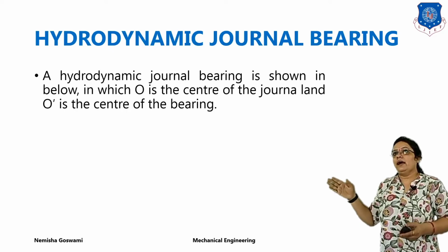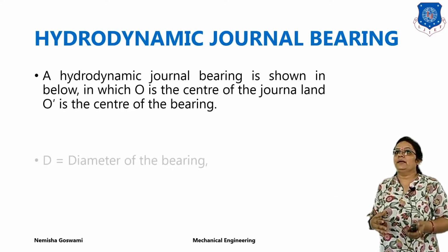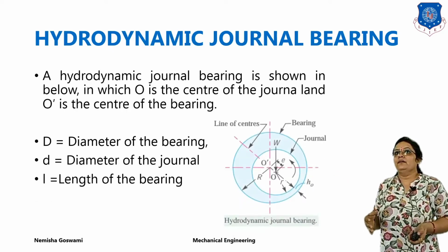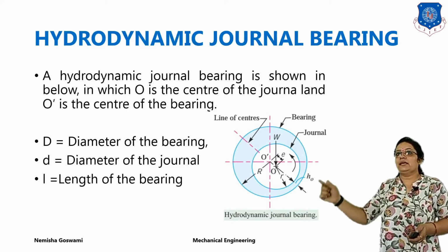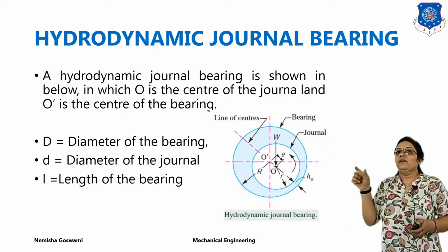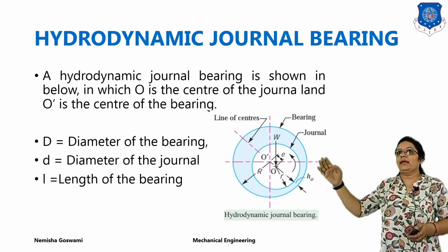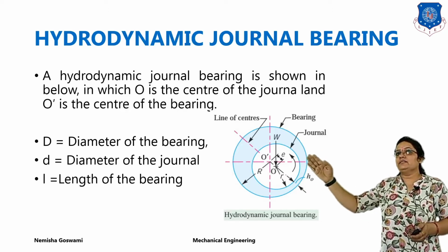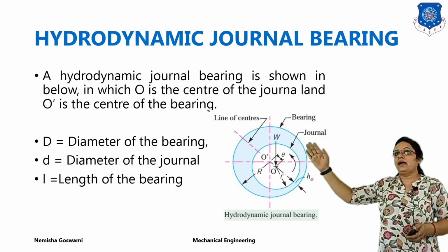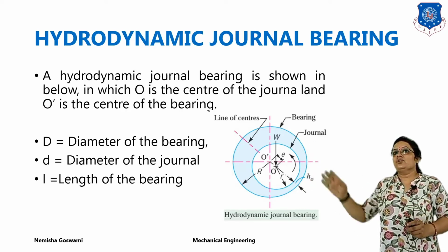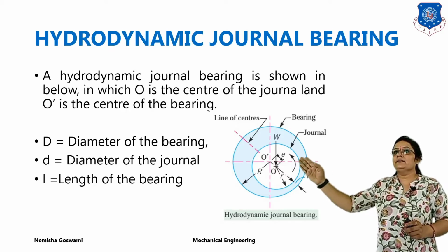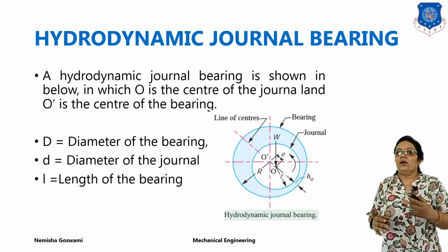In a hydrodynamic journal bearing, you can see in this diagram that the outer surface is the fixed element, that is the bearing, and the inner surface is the journal. Here I have already indicated the line of centers, and you can see some eccentricity has occurred.